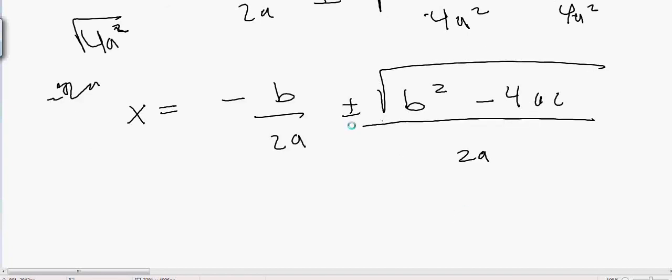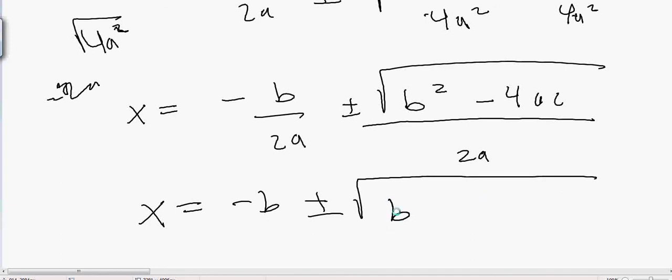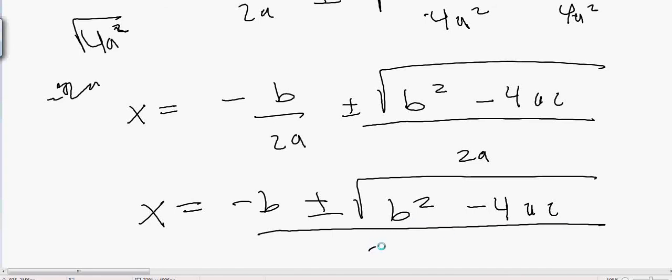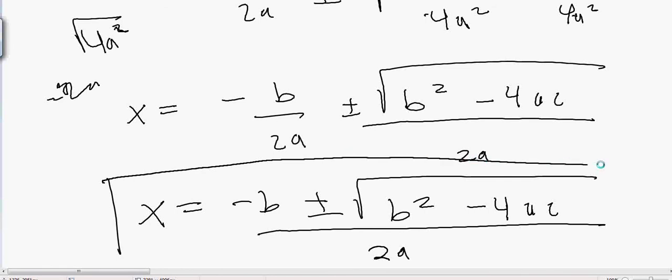And then since this is under the same denominator, you can combine it into x equals negative b plus or minus the square root of b squared minus 4ac all over 2a, and this is the more common form.